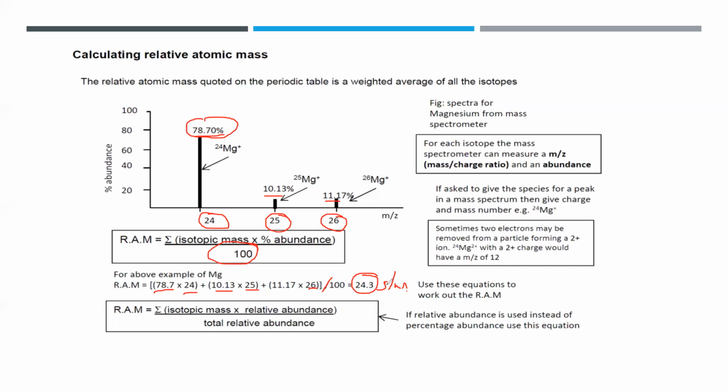Is it clear how we can work out the relative atomic mass using the percentage abundance and mass to charge? Sometimes, instead of giving the percentage, there is no label on this.